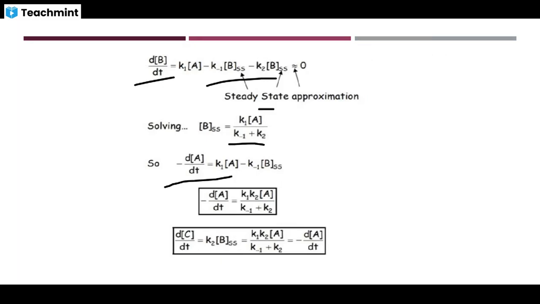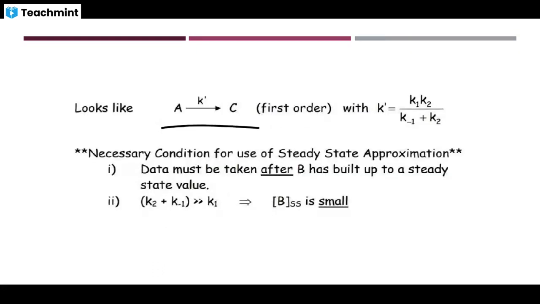So substitute for this here, you get this. Then dC by dt equal to K2B steady state, substitute there also, you get the answer. Okay, looks like A gives C, first order, K dash equal to K1 K2 divided by K minus 1 plus K2.